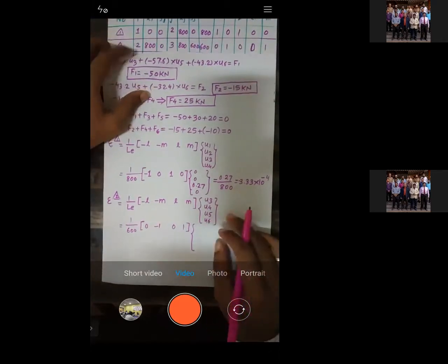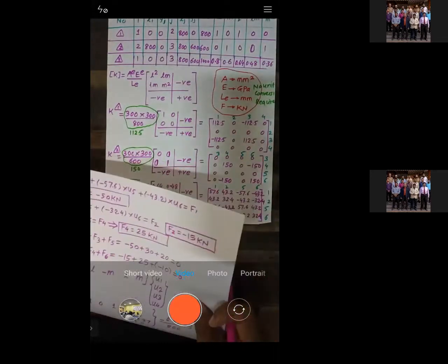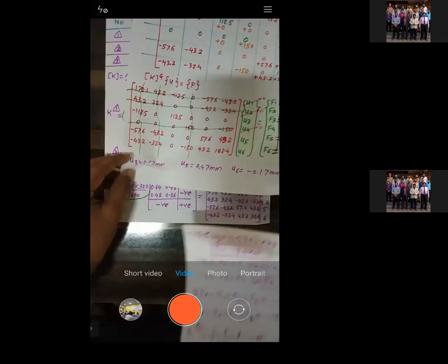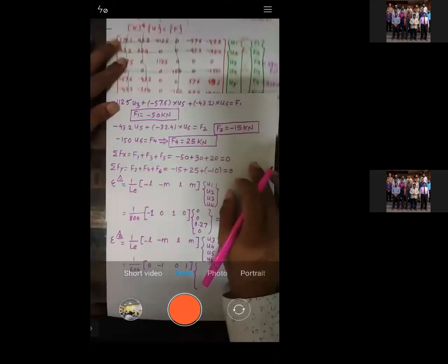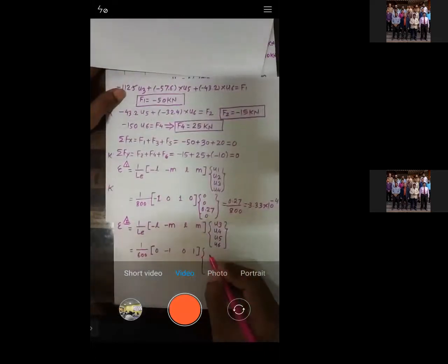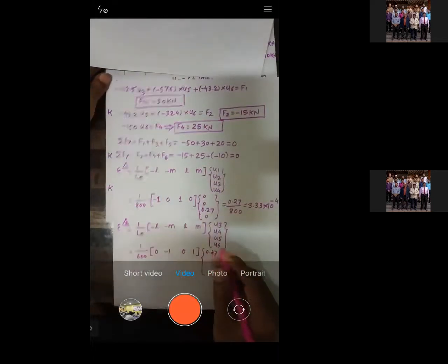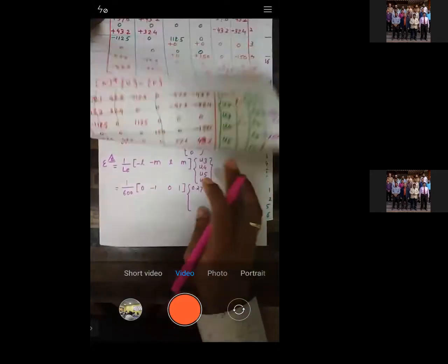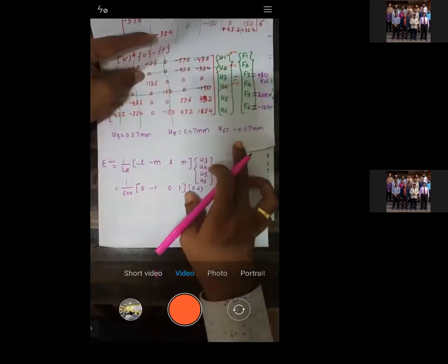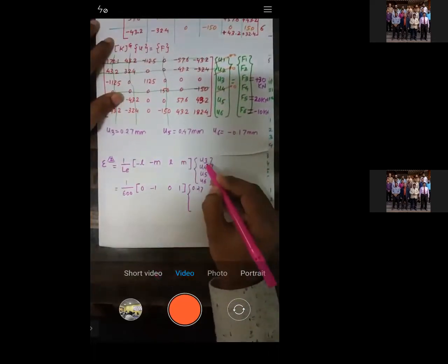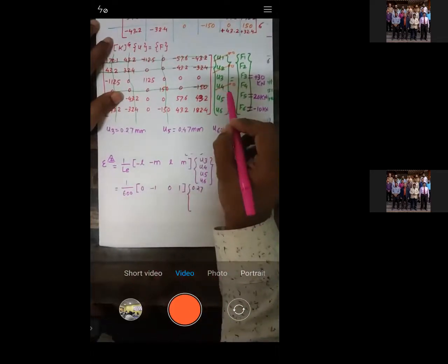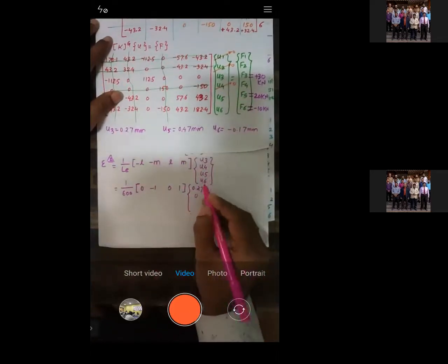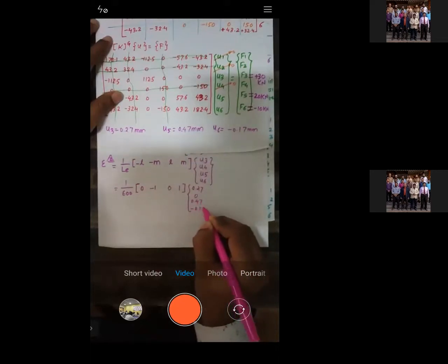What is the value of U3? We calculated it just now, U3 is 0.27. U4 is already 0. U5 and U6 we have those values, 0.47 and minus 0.17.